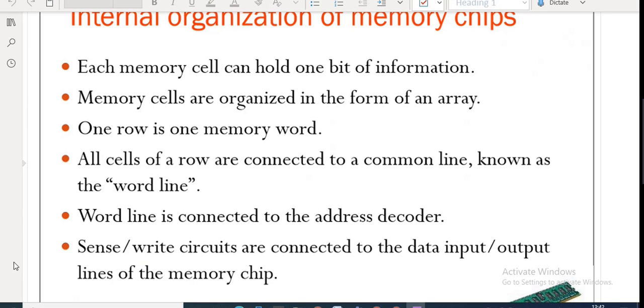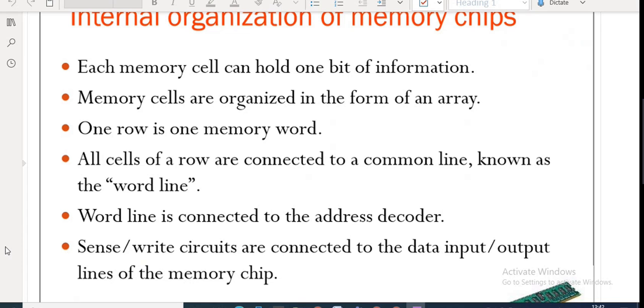The same circuit is used for implementing the next bit, and then the next bit, like that. Each cell is capable of storing only 1 bit of information, and these cells are organized in the form of an array, that is, in the form of a sequence.